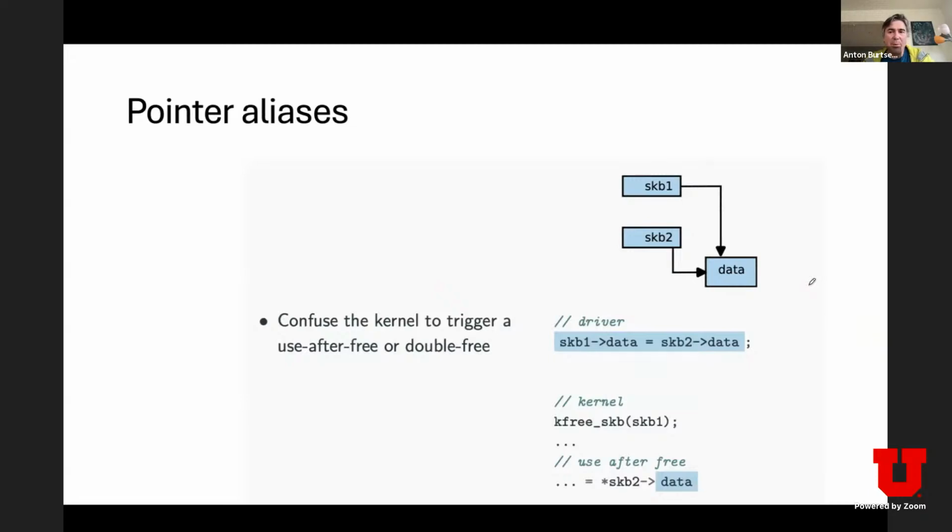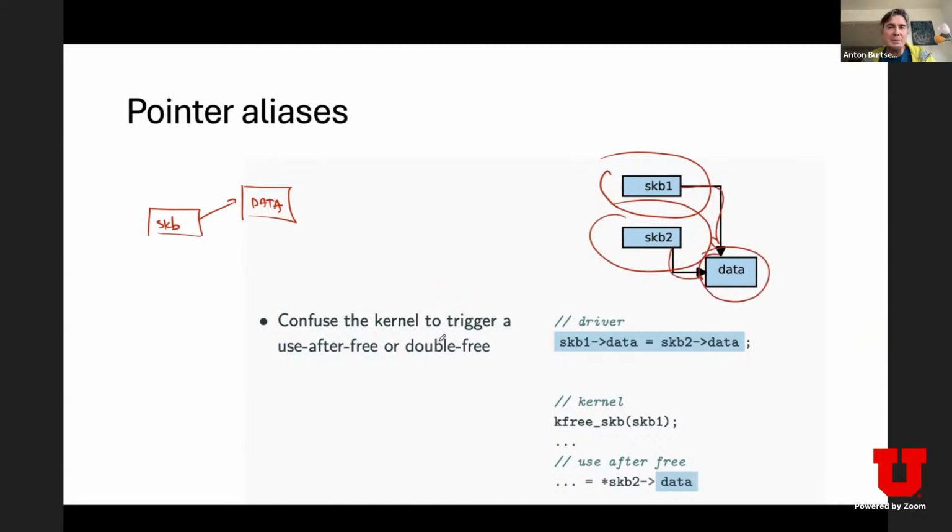Here's another example. SKB, for example, assumes that one SKB points to one data region. But what happens if the attacker says, okay, two different SKBs, which I will synchronize back to the kernel, will point to the same data region? Well, this assignment is done within the isolated driver.